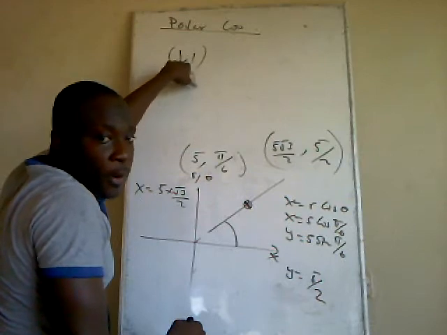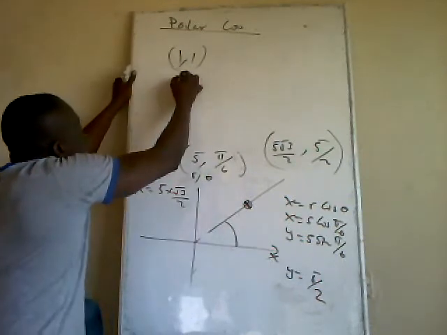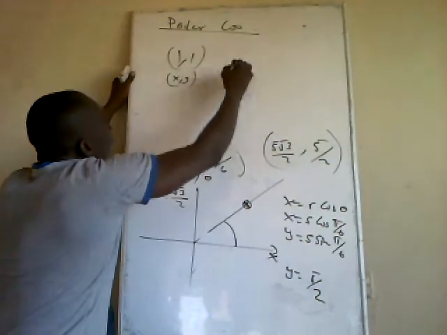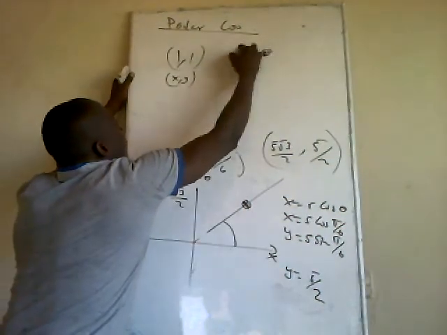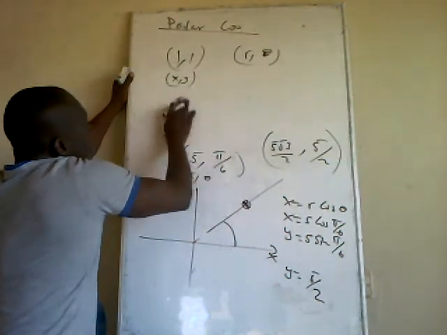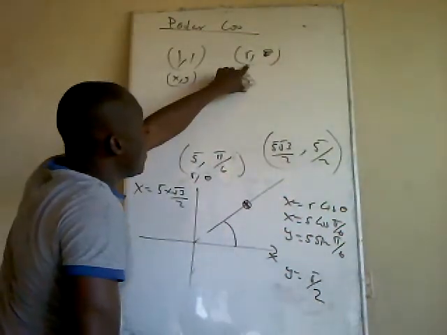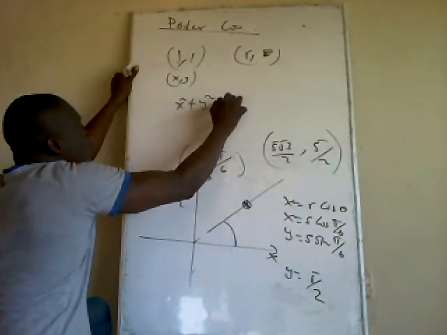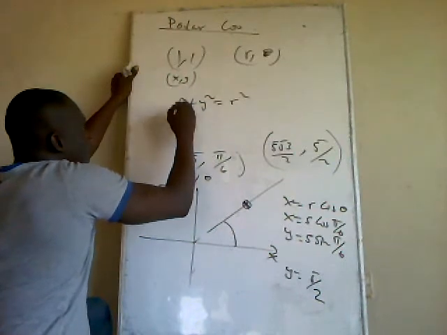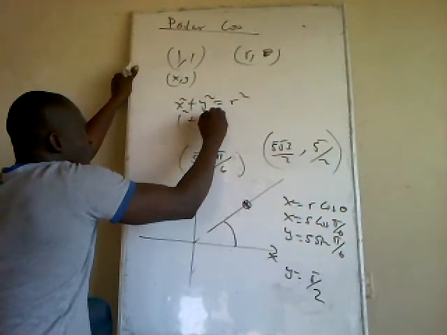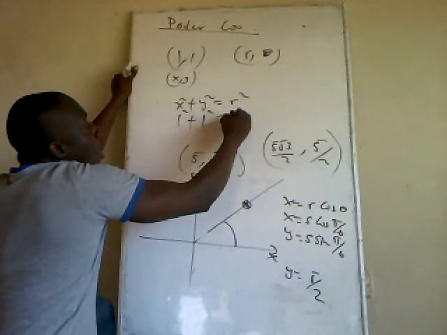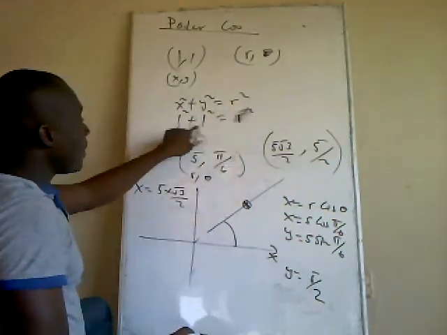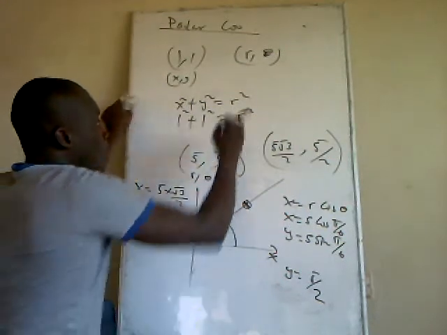In Cartesian it's characterized by x and y. So x is 1, y is 1, right? And I want r and theta. The relationship between these is that x squared plus y squared gives me r squared. So 1 squared plus 1 squared is equal to r squared. Now this is 2, so r is root 2.